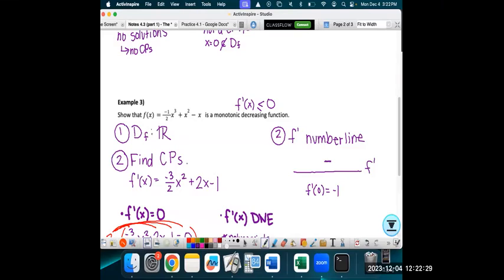So that tells me that my function is going to be monotonic decreasing because my derivatives are always going to be negative or 0.